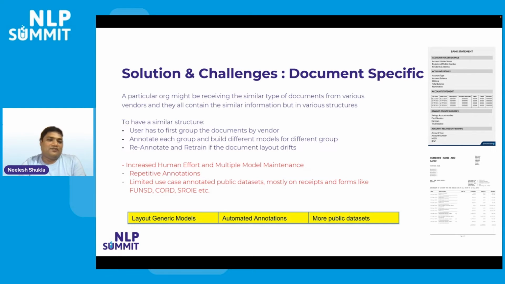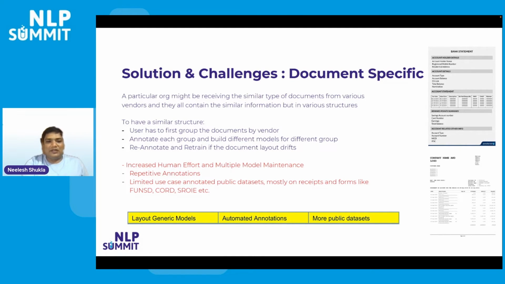Going forward, we have to work in three directions: how to make more public datasets available, and how to build models which are generic to the layout and can learn across layouts, which is a tougher task because we need to understand the layout, and sometimes it's very specific.